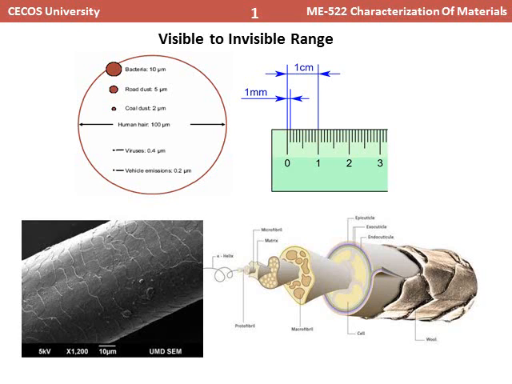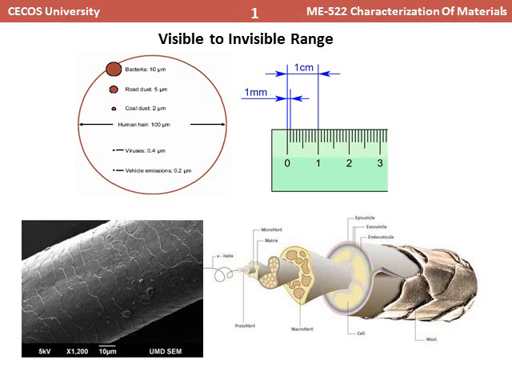So the hair is visible to us and the size of hair is nearly 100 micrometer, whereas bacteria size is about 10 micrometer and it is in the invisible range to the naked human eye.